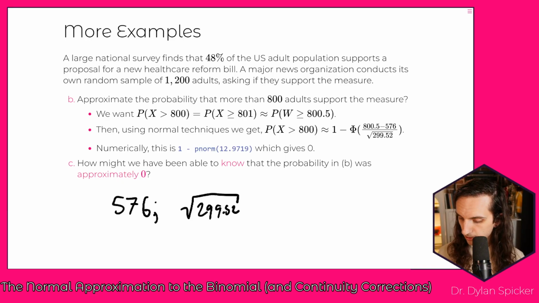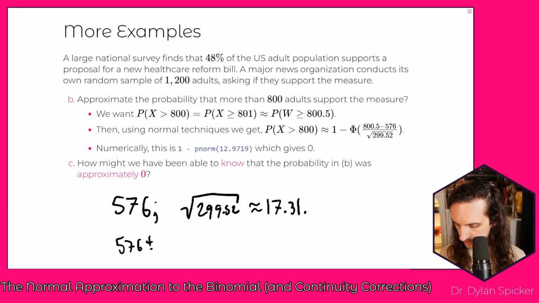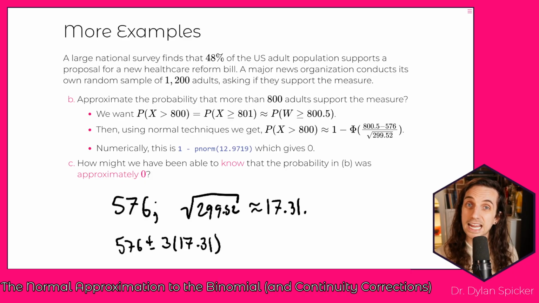So this is about 17.31, okay? And so if you think about the empirical rule, it is going to tell us that if you take 576 plus or minus 3 times our standard deviation, so that's 17.31, right? That's going to contain 99.7% of the probability.